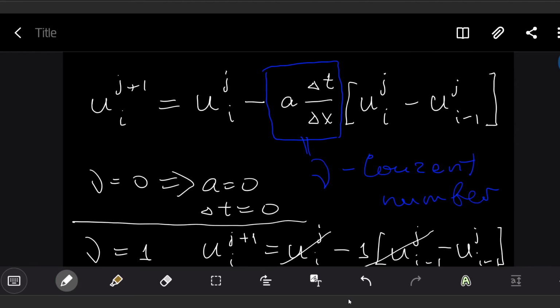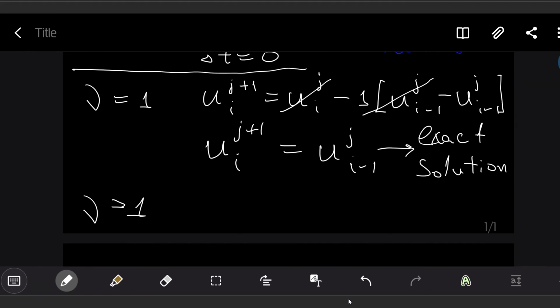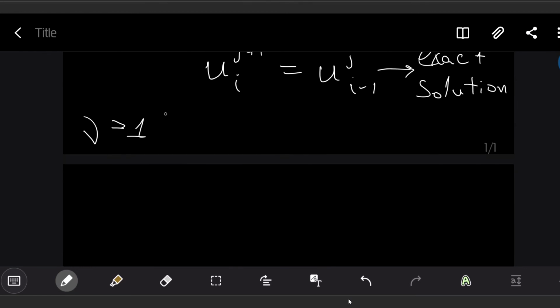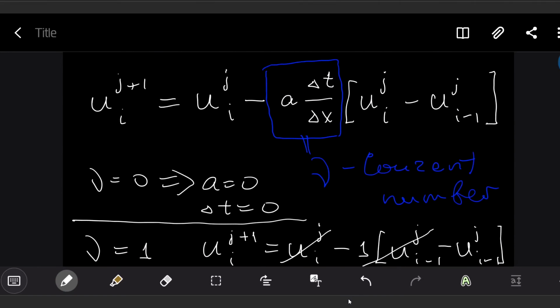For example, okay, for a representative value, I will assume nu equal to, okay, and I will rewrite the algebraic equation for this nu. What does it mean to us? That the velocity of the flow movement multiplied by the time step divided by the space step is equal to this value.